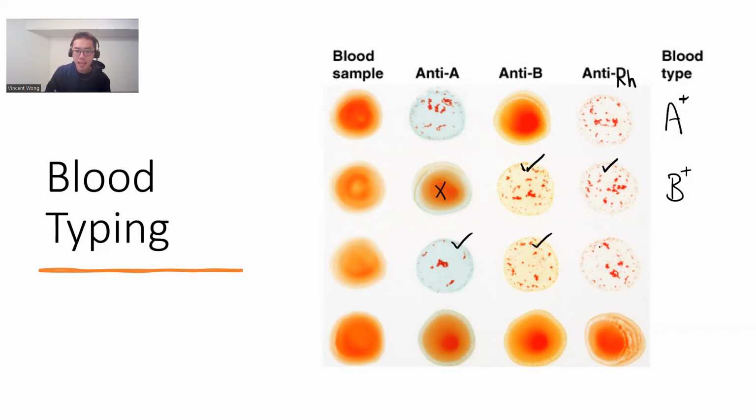Reaction with A, with B, and RH: this person has everything, AB positive. No reaction with any of them, so no A, no B. No A, no B is called O. Negative. That is all.